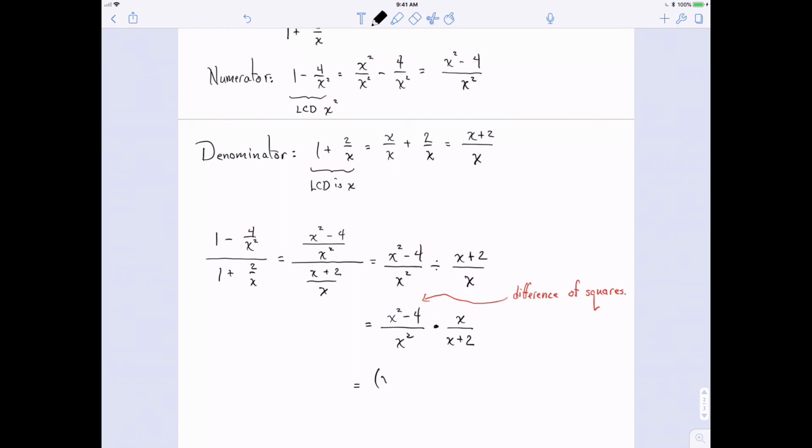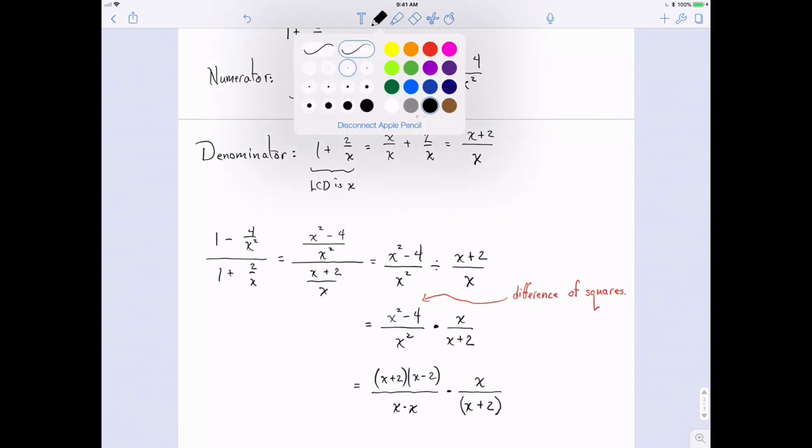It factors into x plus 2, x minus 2, and x squared, I'm going to write it as x times x, times we have the x and the x plus 2. And remember, x plus 2 is a whole piece. You can't just take out the x or the 2. But look at what happens when we factor everything.